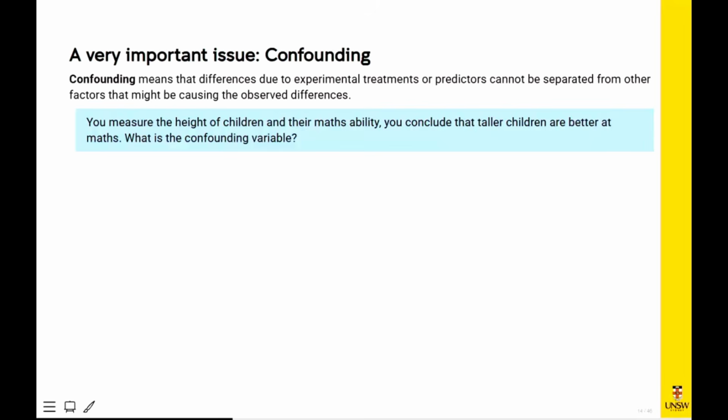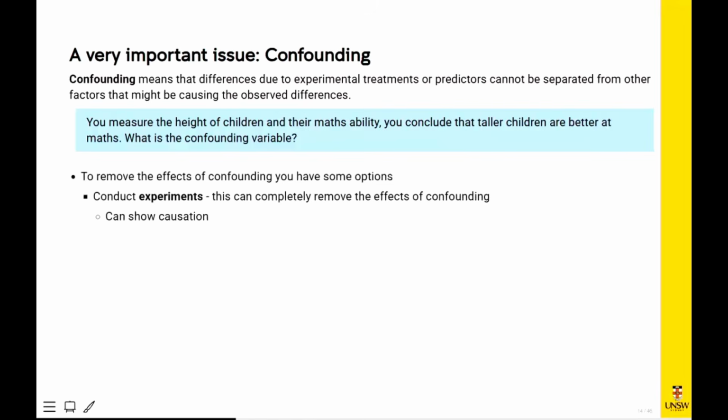If they're coming from better SES, they might have better nutrition and access to education. So, yep, those are two really good things. If you were this researcher, you probably should have thought of these things before you started your study, because those are absolutely some things that could confound the relationship between height and math ability.